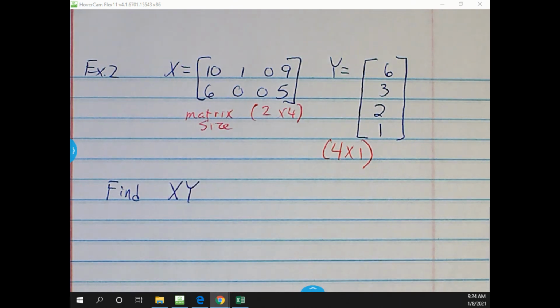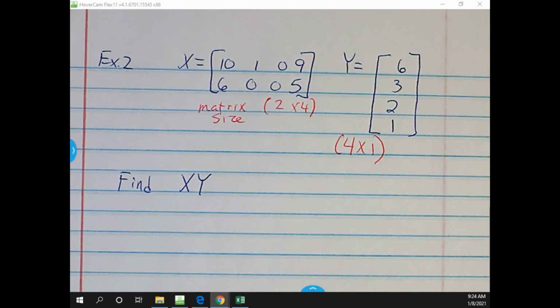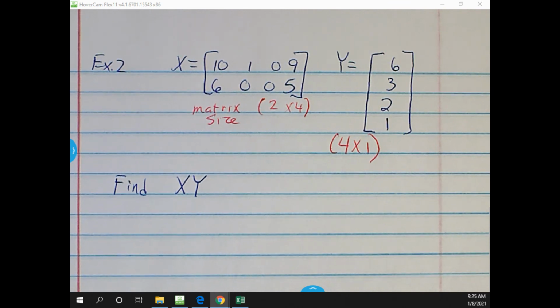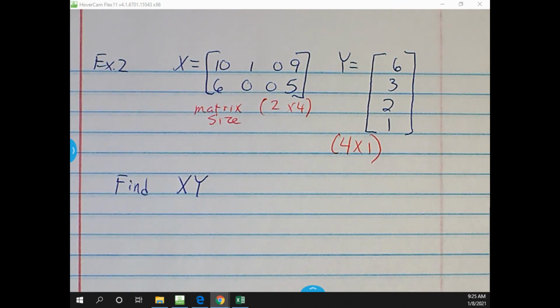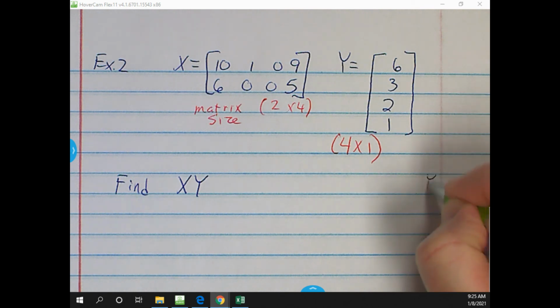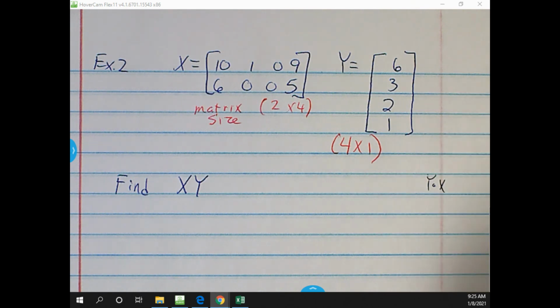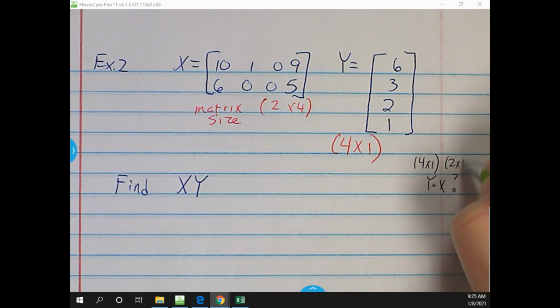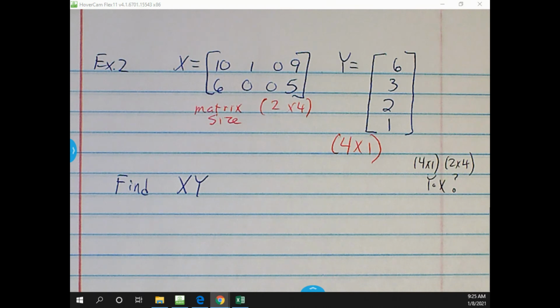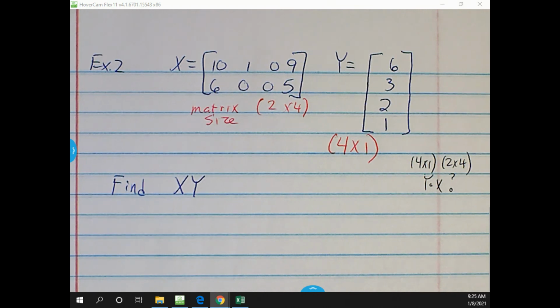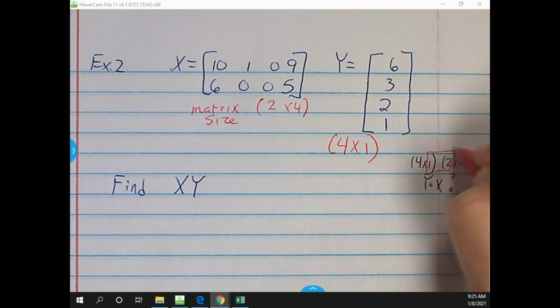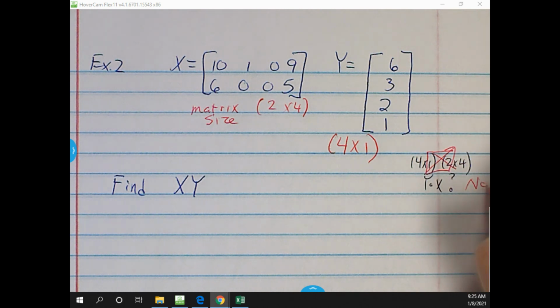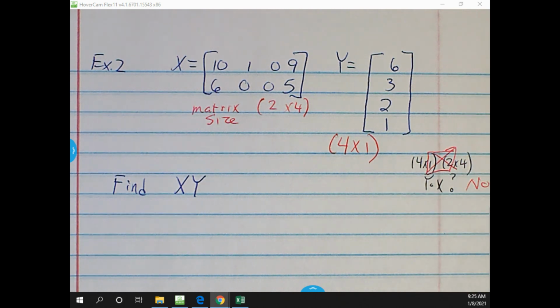So for this one, we're going to find x times y. Okay, now in this one, we're going to do this on the side. Could you find y times x? Can you do a 4x1 by 2x4? Couldn't, could you, right? Because the middle 2 numbers have to match up. These don't. So if they ask you to find y times x, you would not be able to do that.